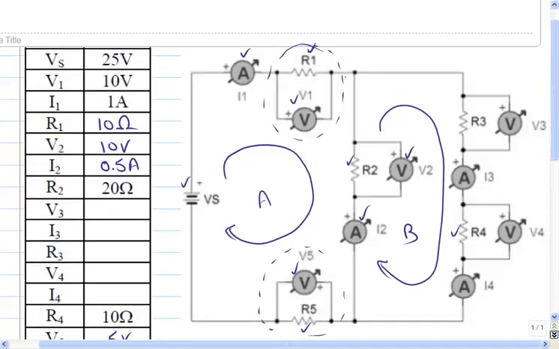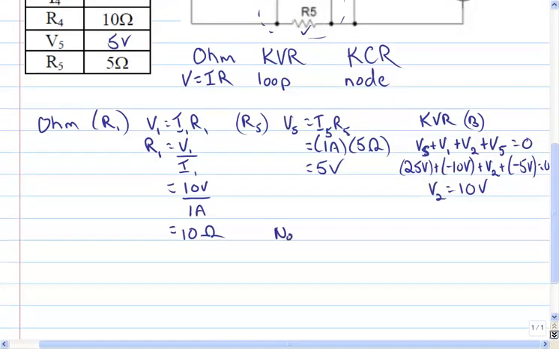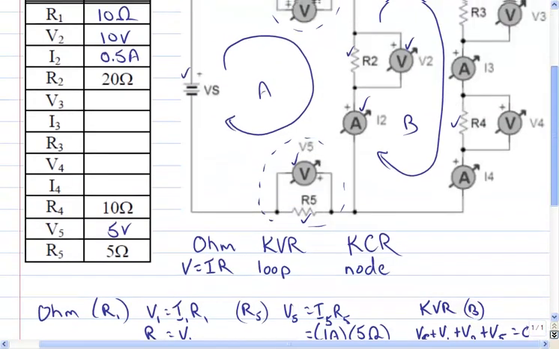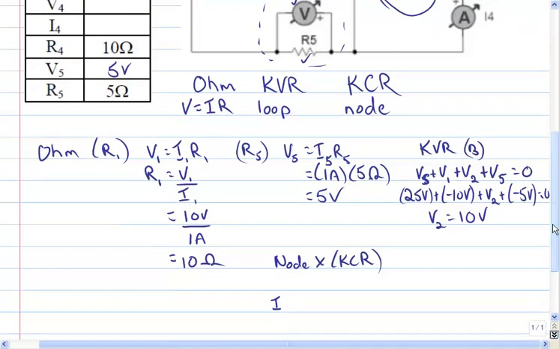Now I'm going to call this node X. If I look at node X, I'm going to use Kirchhoff's current rule, because I know I1. I found I2. I know that I1 plus I2 plus I3 equals 0.